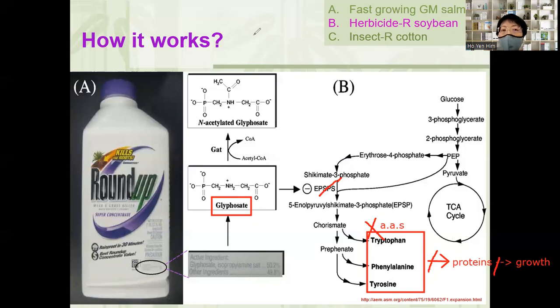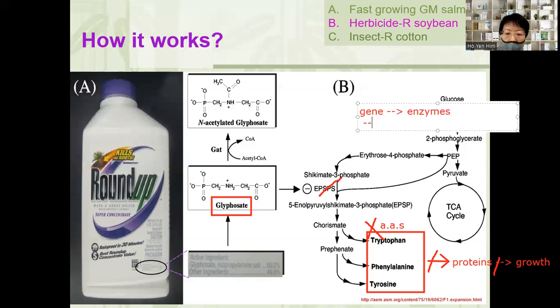But for the herbicide-resistant plant, what happened is that we have inserted a special gene which helps to code for the enzymes to give an alternative pathway to the synthesis of these 3 amino acids. So now, because of the genetic engineering, this gene is inserted into the plant, so the plant becomes herbicide resistant.